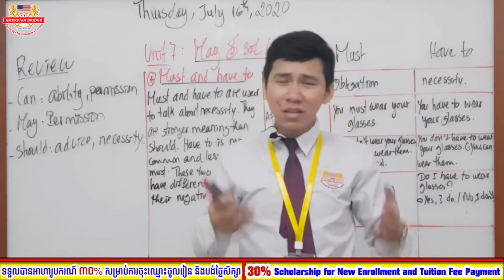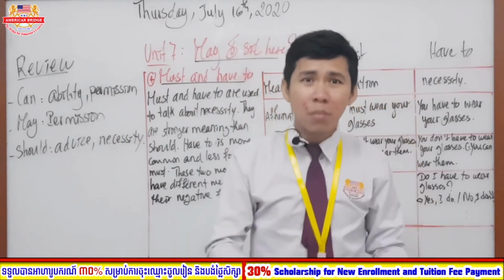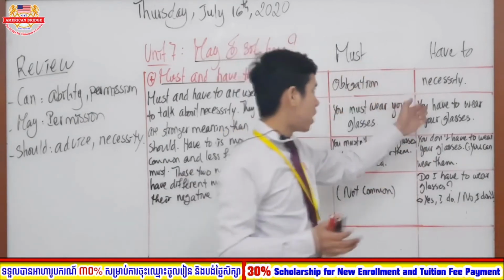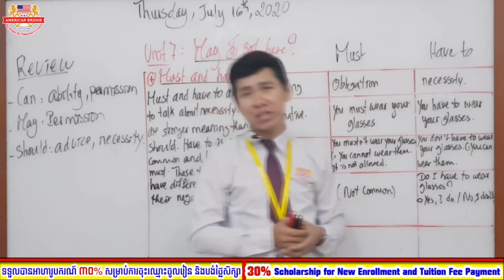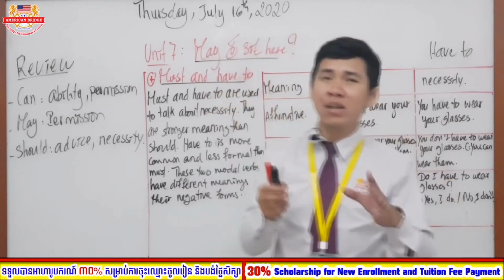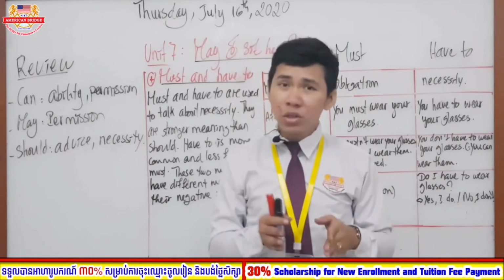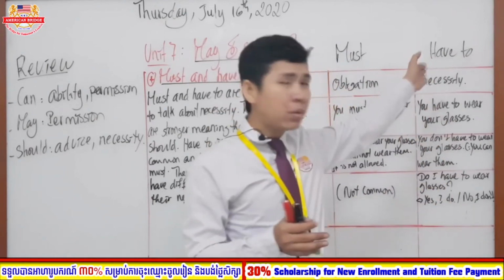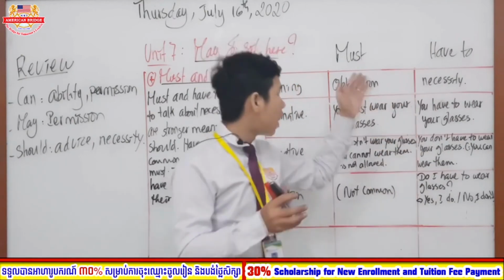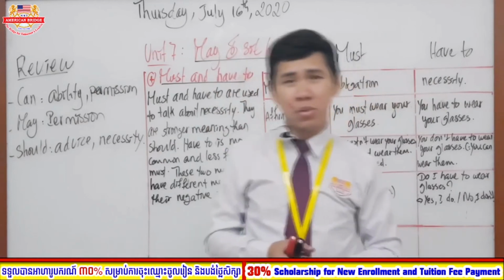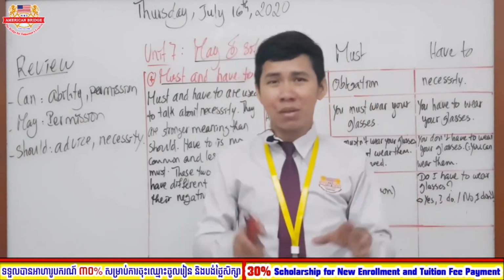It is necessity, as I give you advice. But if I say you have to study hard, the necessity focuses on your obligation. This is the difference between have to and should. Should is necessity focused on advice. Have to is necessity focused on obligation, everything you have to do by your own in order to succeed.